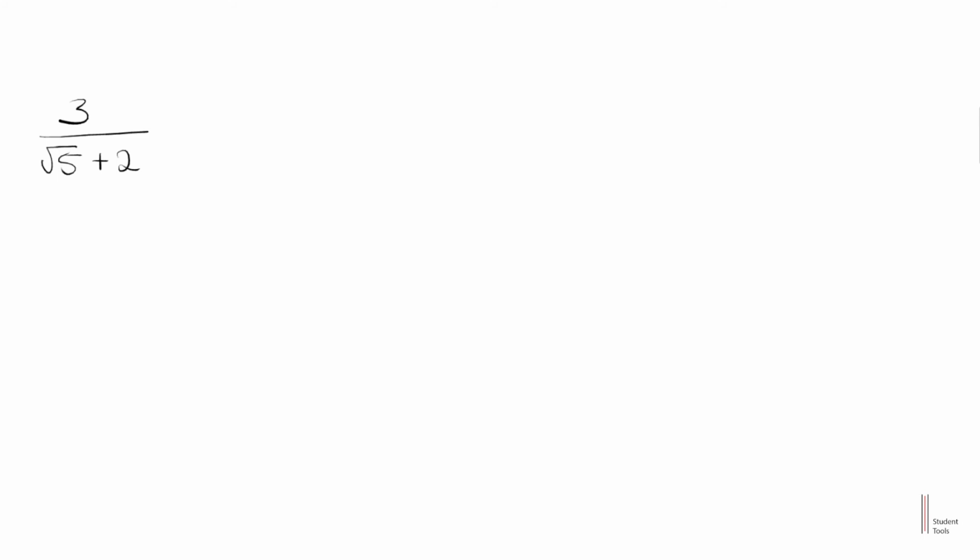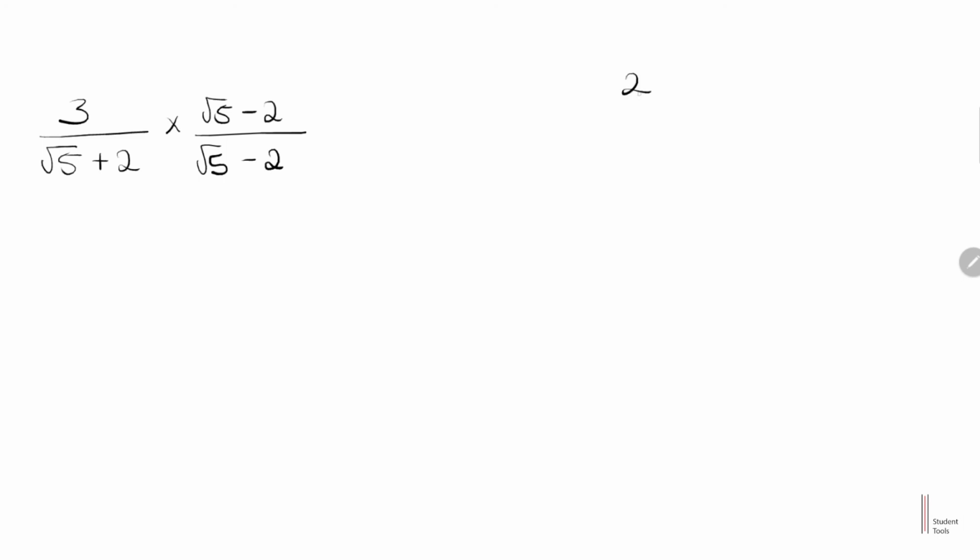To do that, we will have to multiply this fraction with root 5 minus 2 over the square root of 5 minus 2. Actually, this is a 1 because it's the square root of 5 minus 2 over the square root of 5 minus 2.